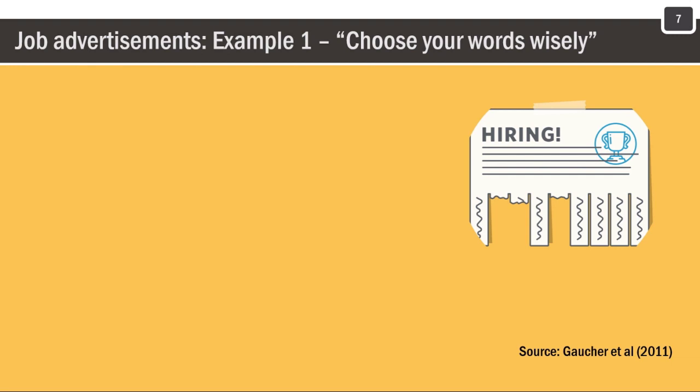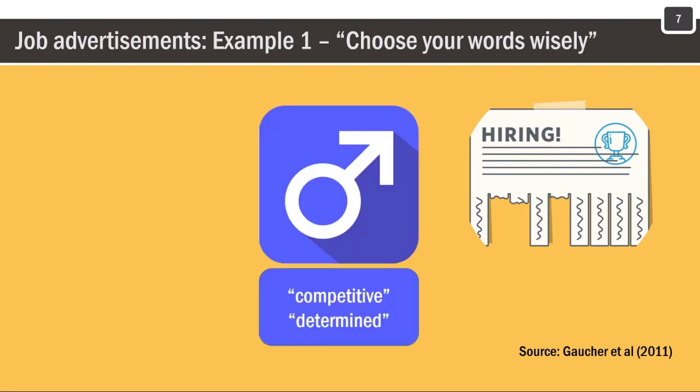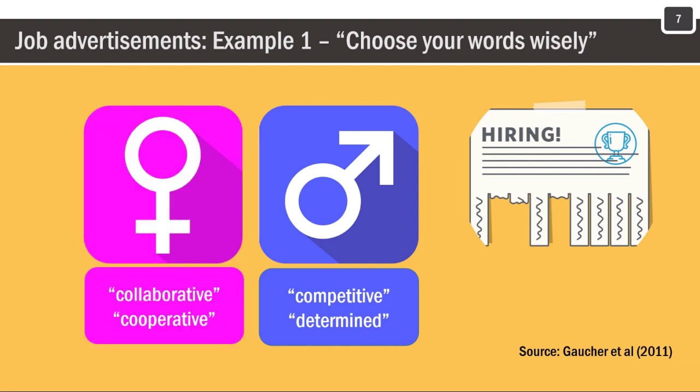For instance, research shows that masculine language, including adjectives like competitive and determined, results in women perceiving that they would not belong in such work environment. On the other hand, words like collaborative and cooperative tend to draw more women than men.